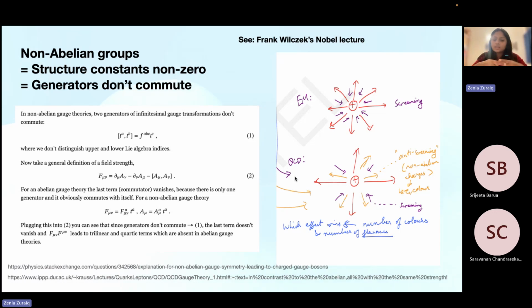So there are basically three-point vertices and four-point vertices. These are not present in the photon case, for example. You can't have a Feynman diagram with three photons at a vertex. It's forbidden. Whereas gluons can have it, and that's exactly because non-abelian groups have non-zero structure constants, leading to non-commuting generators.